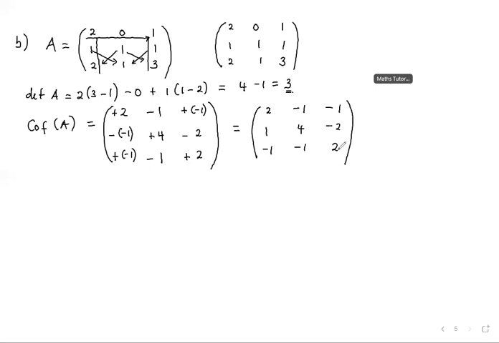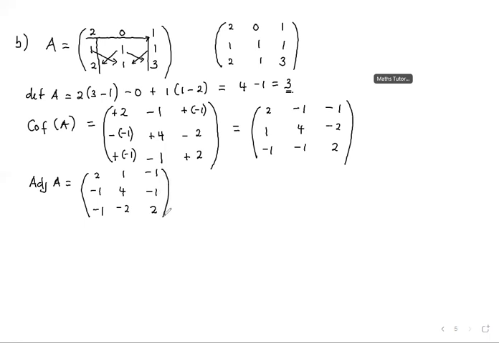And so we find the adjoint of A. The adjoint of A is the transpose of the cofactor matrix. So you get 2, -1, -1, 1, 4, -2, -1, -1, 2.